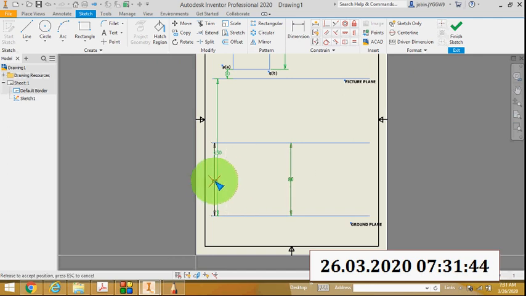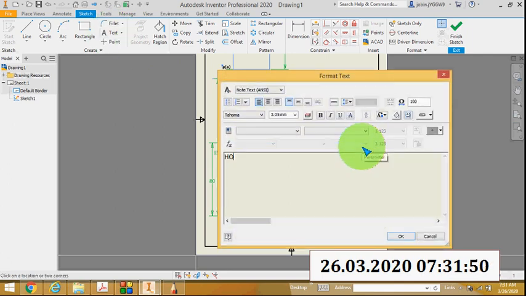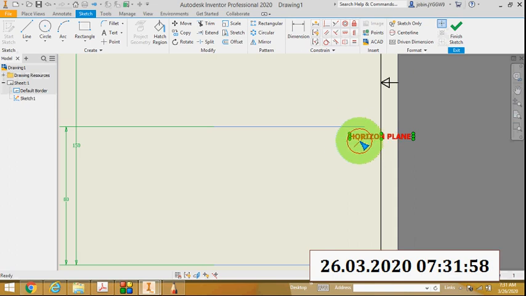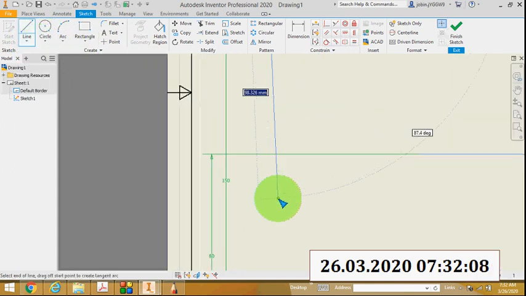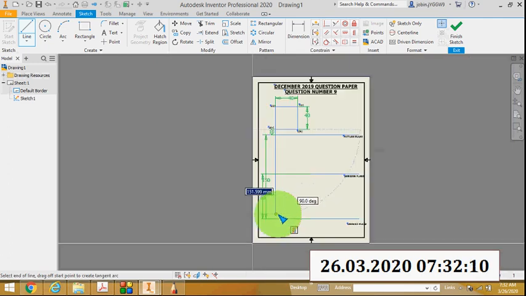So this is 80. Name this plane as the horizon plane. Then project this top view. So this is the top view, and project this top view to the ground.